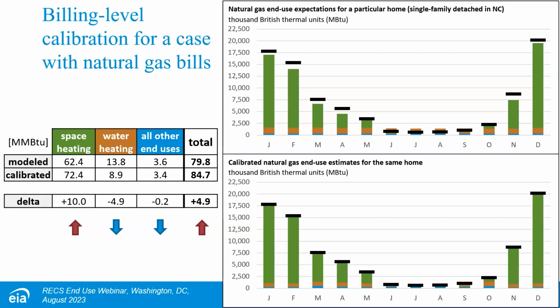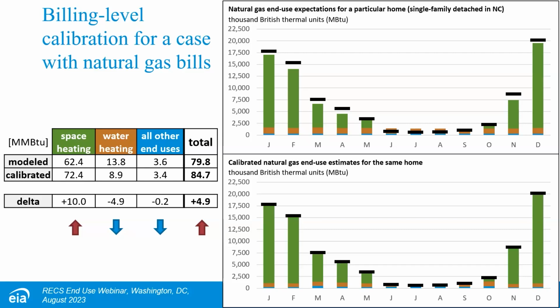I've stacked them so that the sum, the top of the green in the wintertime there, is the total natural gas we would expect them to use in that month. You can compare that total to the black bars, which are in fact the reported billing totals each month. The bottom bar chart shows the end product of calibration, and by construction now, those bar charts all stack exactly to those bills, the black lines.